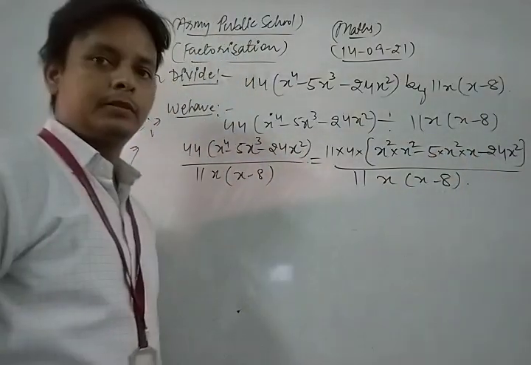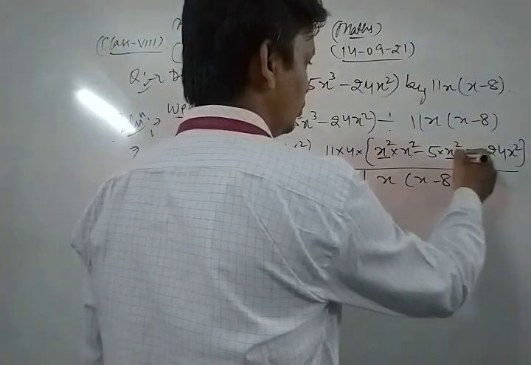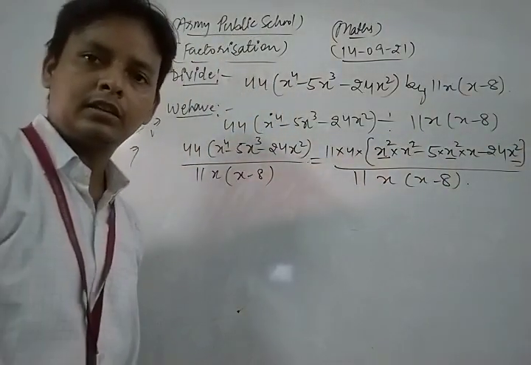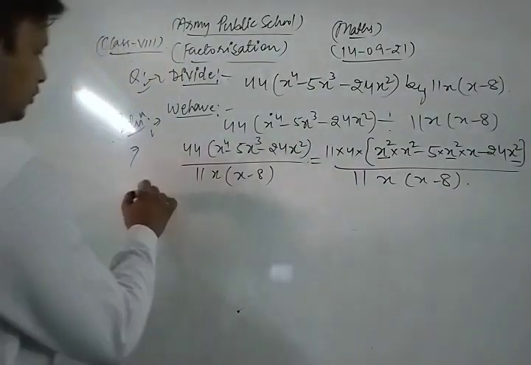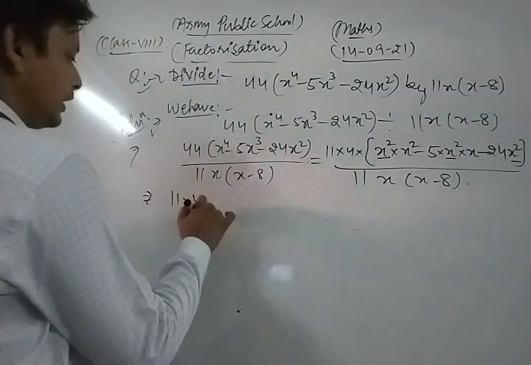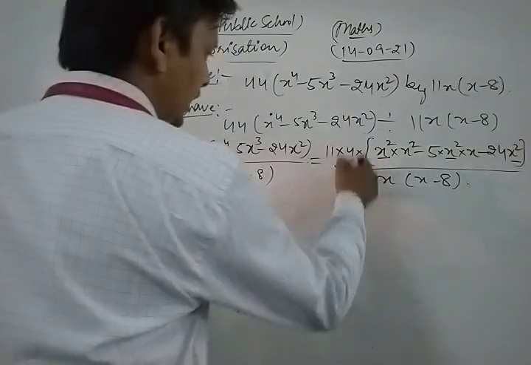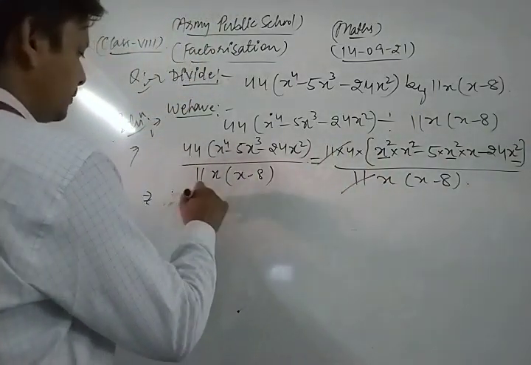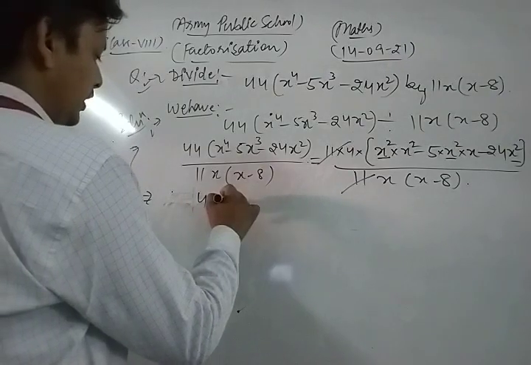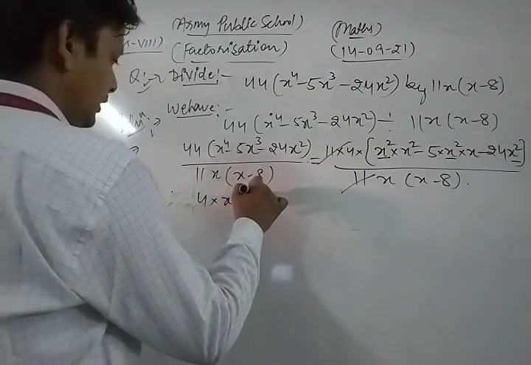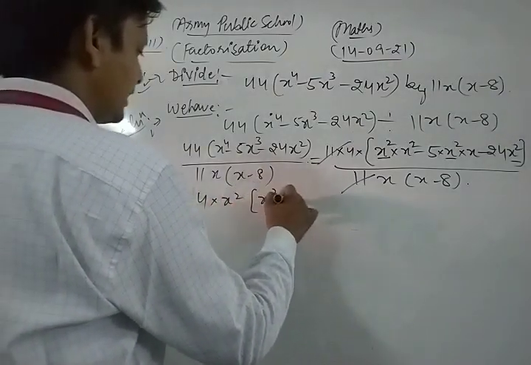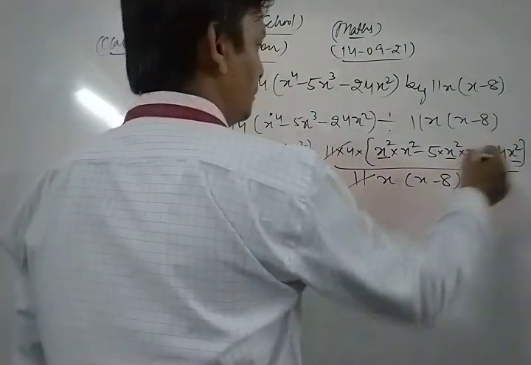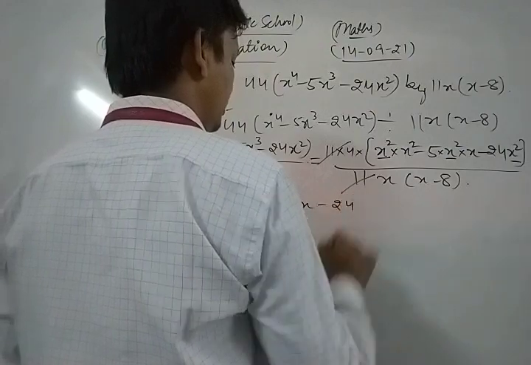Now from the numerator we take x square, which is a common factor present in all the terms. From the numerator we take 11 into 4 as it is, or you can write here 11 cancels with 11, and 4 is left, and we take x square as common. So in the bracket we have x square minus 5x minus 24.